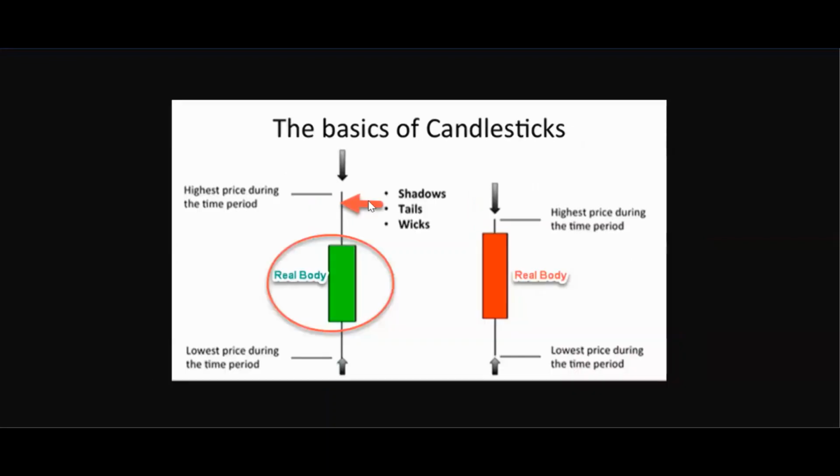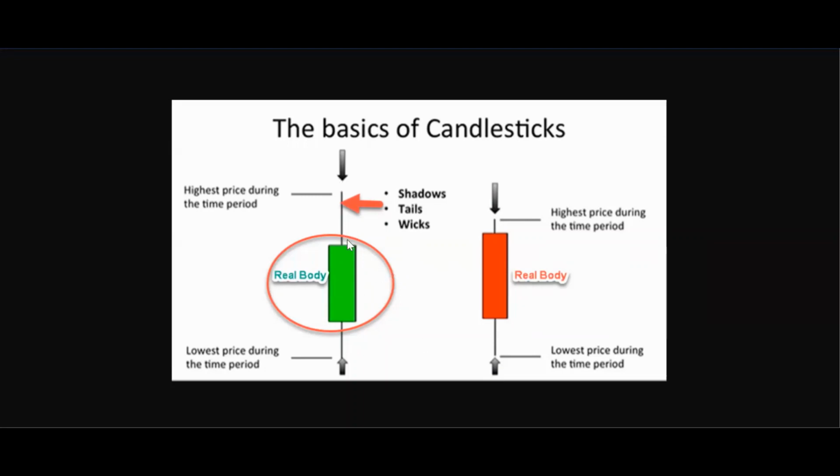So now let us look at the characteristics of a complete candle. We will divide the candle into two parts, that is the real body and the shadows. First, let us discuss the real body. Always the candle's real bodies are shaded in green color and red color, which are highlighted in the circle over here.